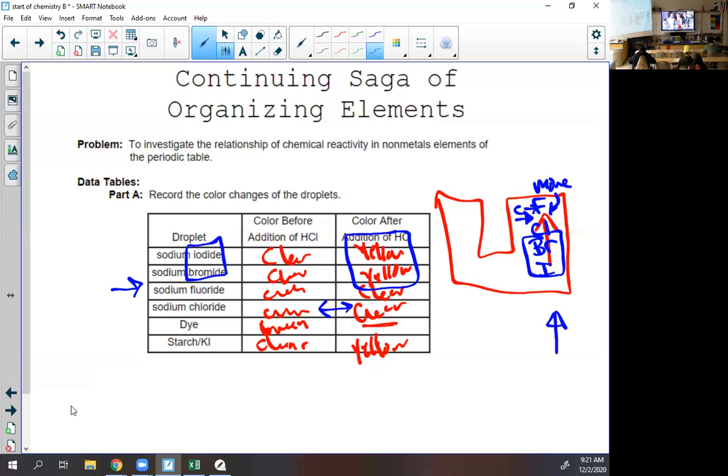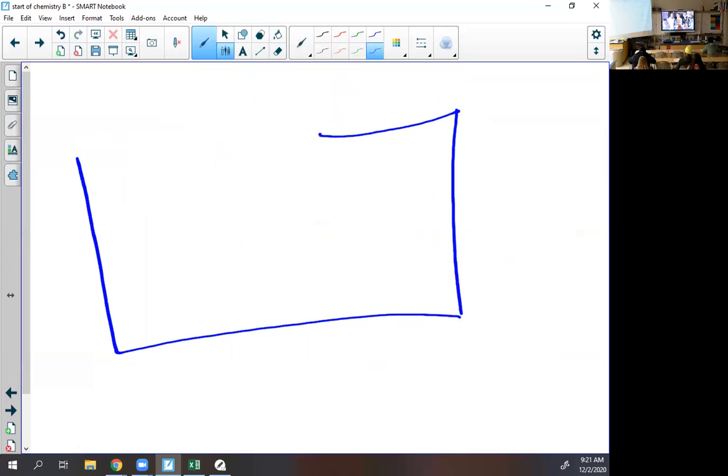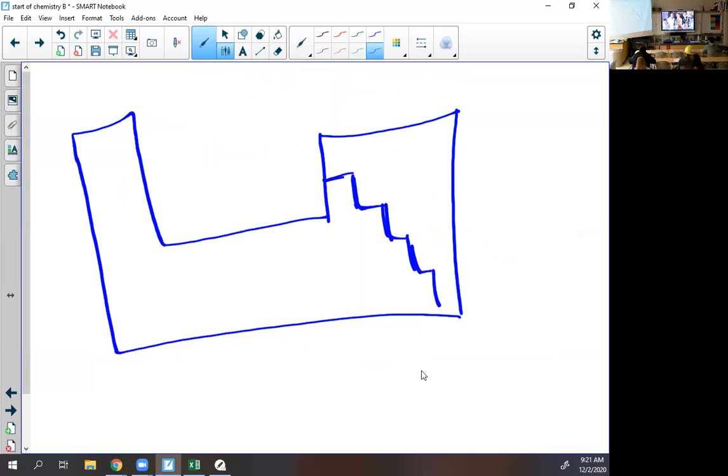All right, so on our periodic tables, the big one that you labeled, the one you colored, make sure you have that. Who needs a new one? Anybody? Well, that's convenient. It's right next to you.